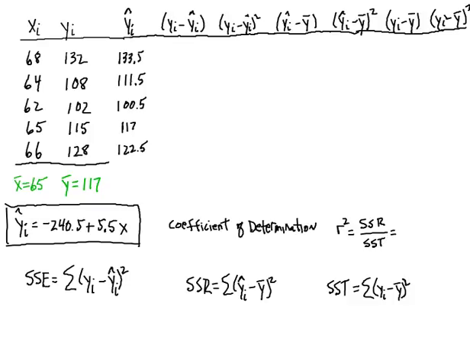For a height of 64 plugged into my formula, I get 111.5 pounds. The 62, 65, and 66 I've recorded there. Now I need to subtract these values from the output values of the equation. In other words, trying to find the difference between the actual data point weights and the weights that would be predicted by the equation or formula that I created.